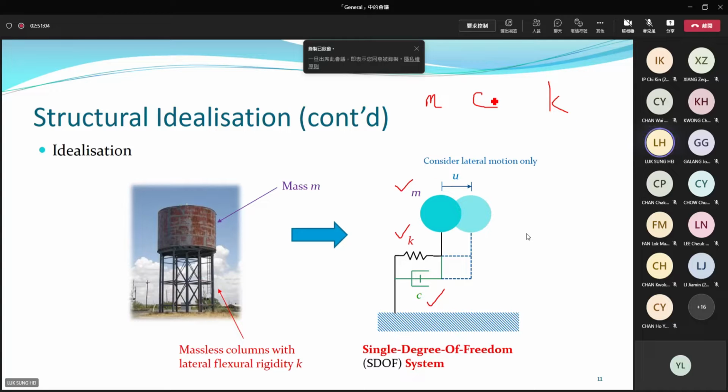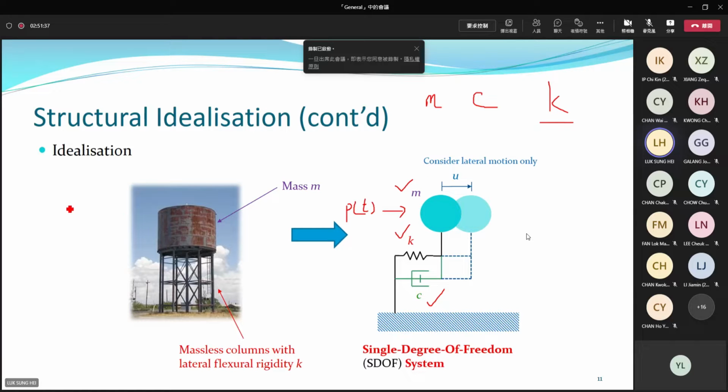This system is under some external dynamic force, P. For statics, in the past, you just considered K. But when you move to dynamics, there are 2 more parameters, M and C. This is the single degree of freedom system. We start from here, okay?